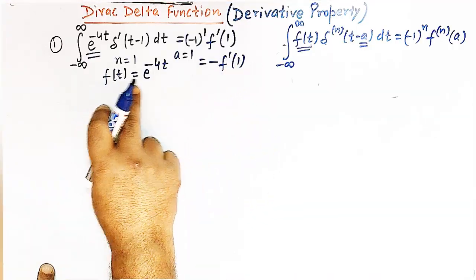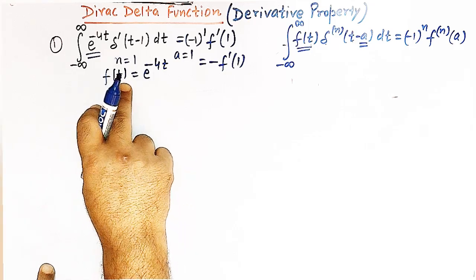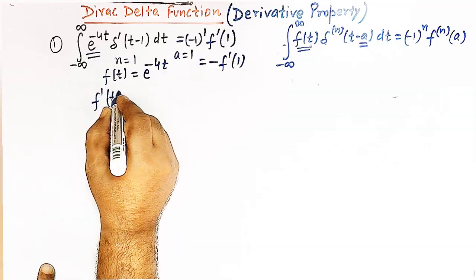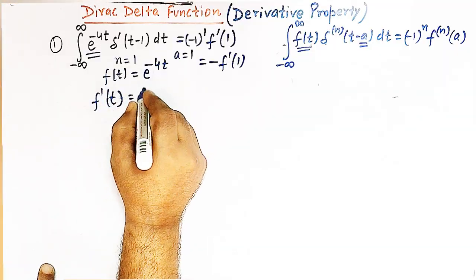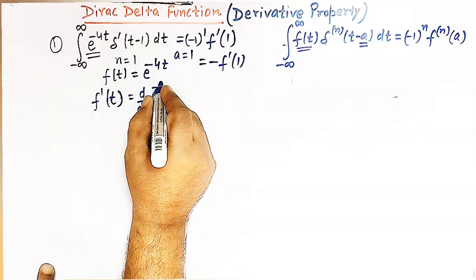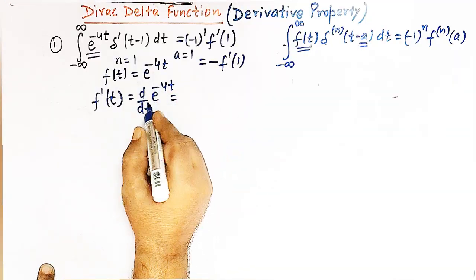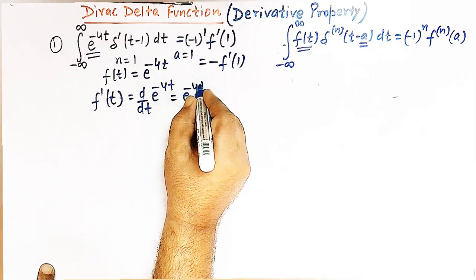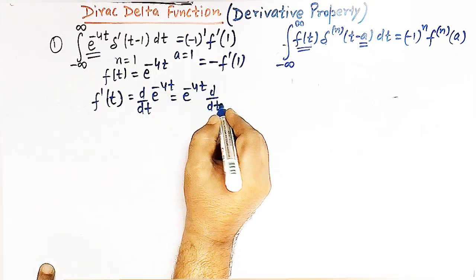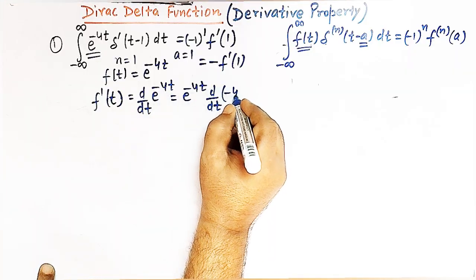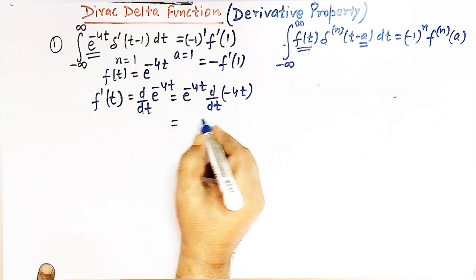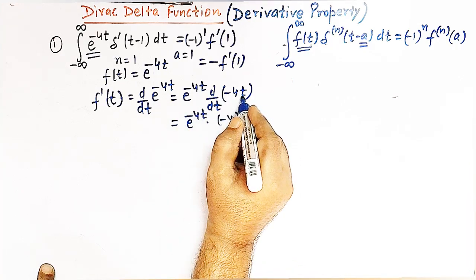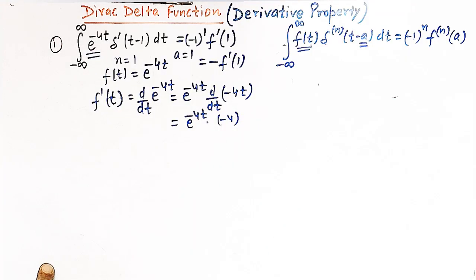We now have to find the first derivative of this function f of t. So f prime of t is the derivative of e raised to minus 4t. The derivative of e raised to minus 4t is e raised to minus 4t, and then by chain rule we multiply by the derivative of minus 4t, which is minus 4, because the derivative of t with respect to t is 1.